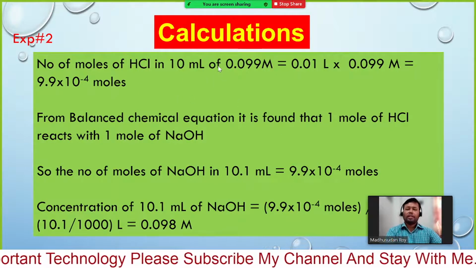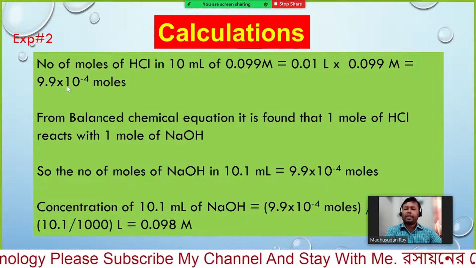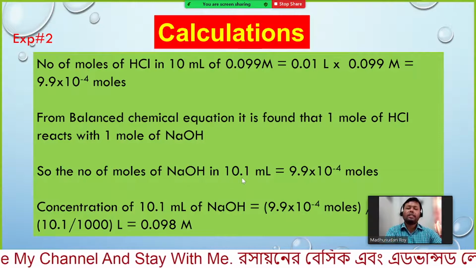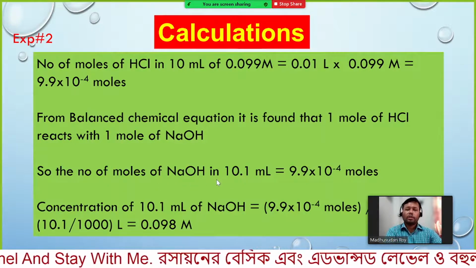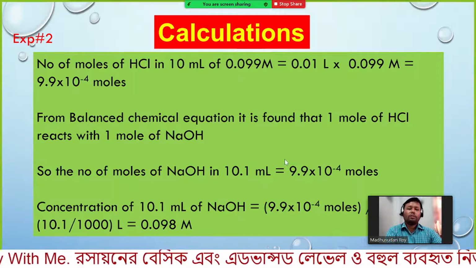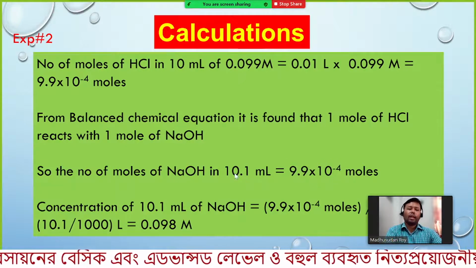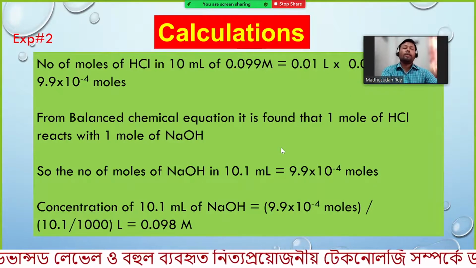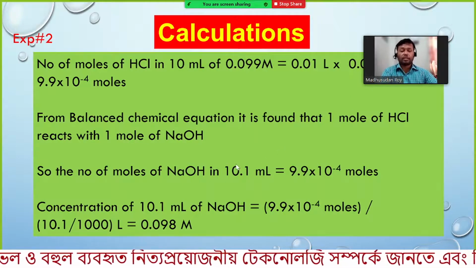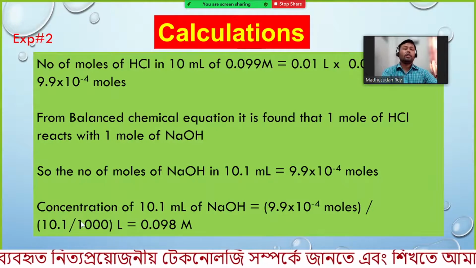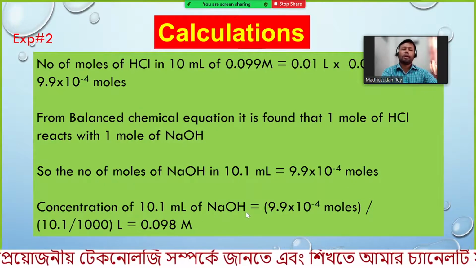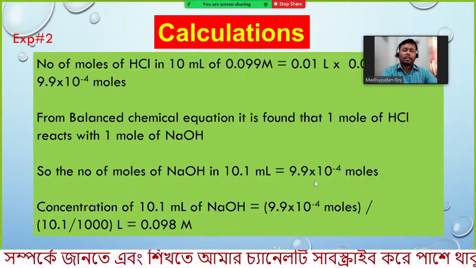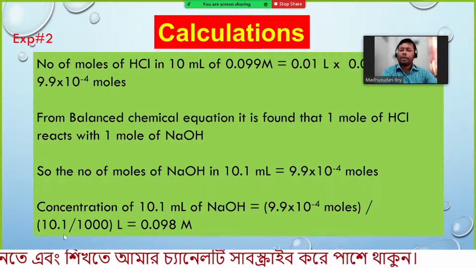So the number of moles of hydrochloric acid in 10 ml equals the number of moles of sodium hydroxide in 10.1 ml. Therefore the concentration, with exactly the same equation we used in the previous calculation: the concentration of the 10.1 milliliter of sodium hydroxide equals number of moles divided by the volume in liter.